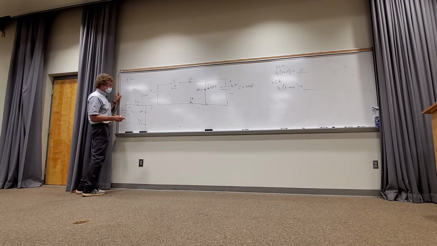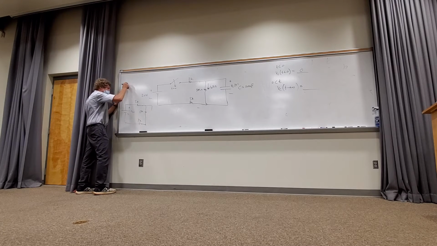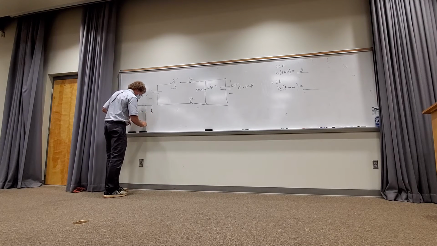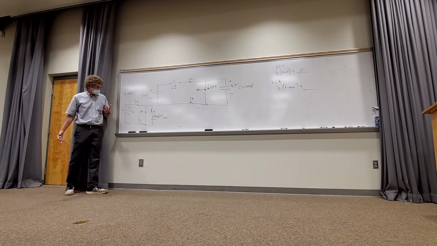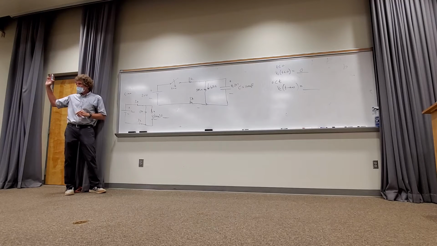And I want the voltage as t goes to infinity, so I'm going to remove the capacitor like I did before, because I know at infinity, nothing's changing with time. So I want that voltage. You all follow me in this class? Make sure you do. How many see this right here? You good with it? All right.